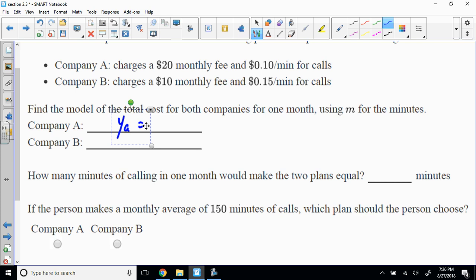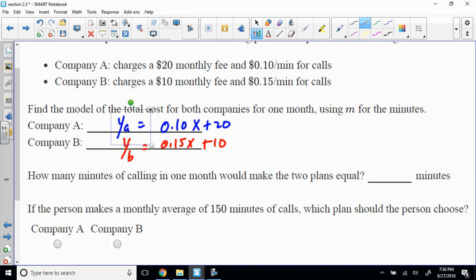The A is Company A, so the subscript is A. 0.10x plus 20, and then I'll put Y sub B equals 0.15x plus 10, right? Any questions about that? That should be straightforward, a linear equation, right?